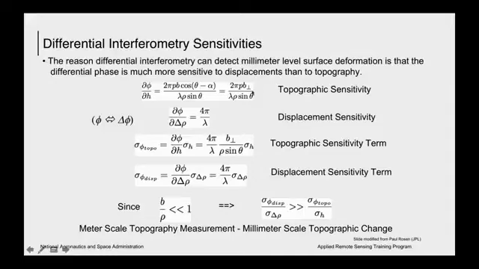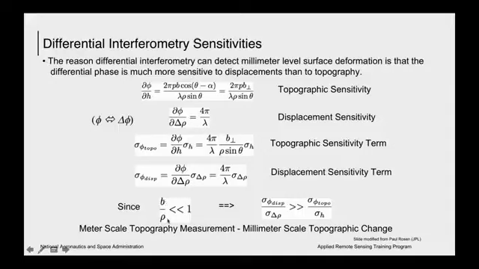And for a given height change, the amount of phase change is dependent on the range, here the range rho times the lambda, and this angle here is just the perpendicular component, and the b is the baseline. So unless the baseline is very large, the phase difference here is quite small.